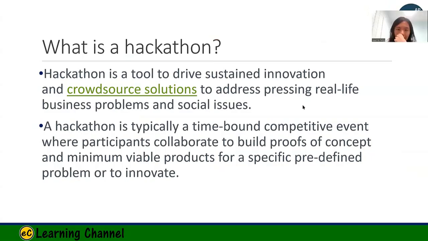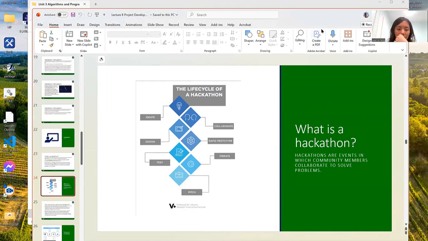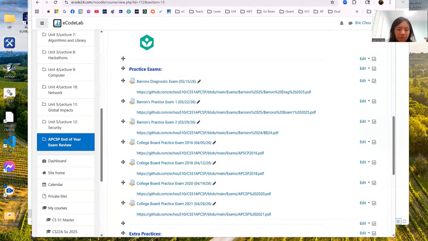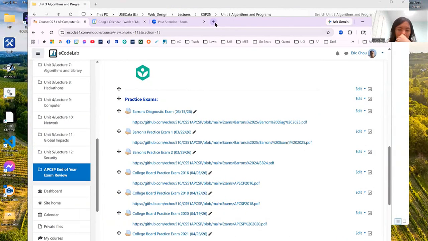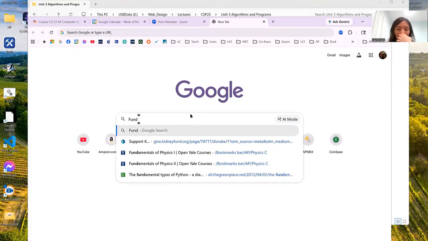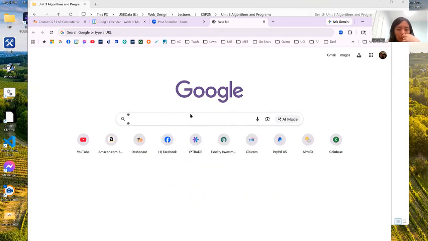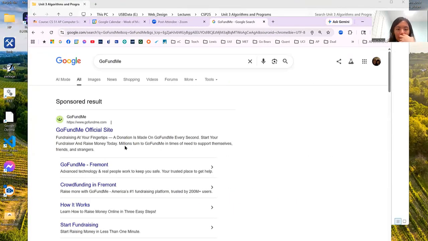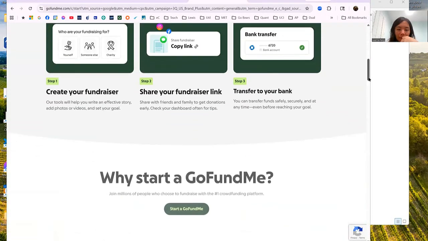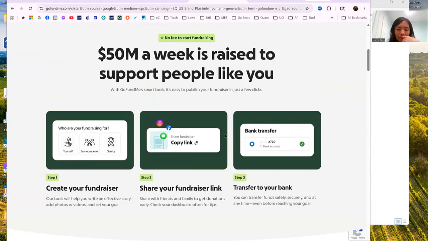When you don't have money, you ask money from the internet people. For example, like GoFundMe: you don't have money to compete in the Olympics, or you don't have money for your son to have a surgery, so you do GoFundMe. This GoFundMe is also crowdsourcing because you don't have money, so you find the money from the internet.